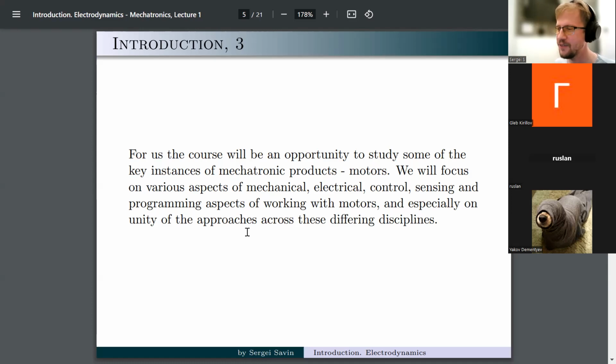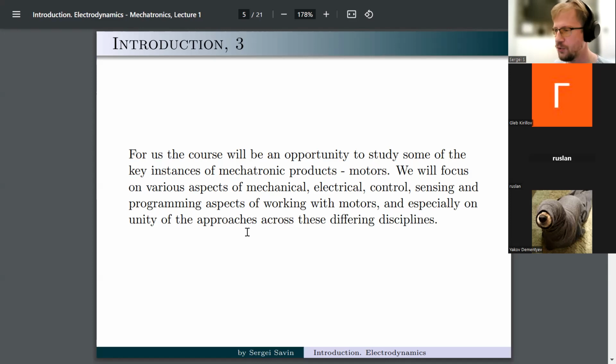Now, what we will do is we will take one aspect of this large discipline, and that aspect is, roughly speaking, what has to do with control and use of mechatronic modules. We will not spend much time on questions such as design, how to produce new mechatronic modules.